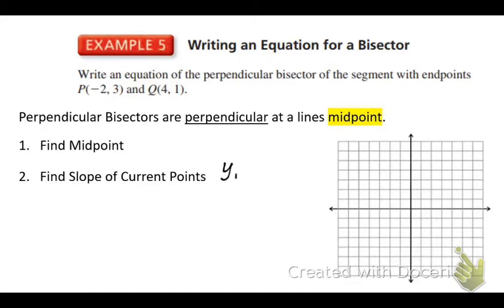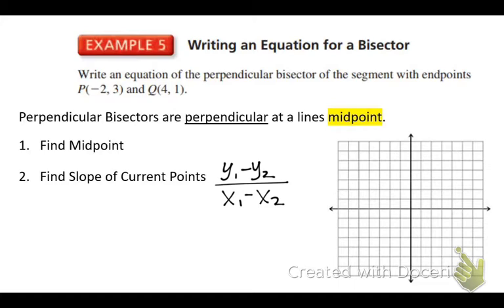You have also done this. y1 minus y2 over x1 minus x2. Do you know both those formulas by heart? Okay. The slope formula. You'll find the slope of the old points.